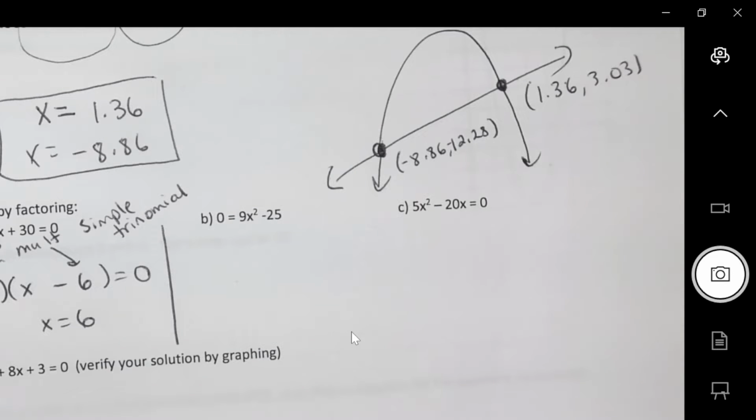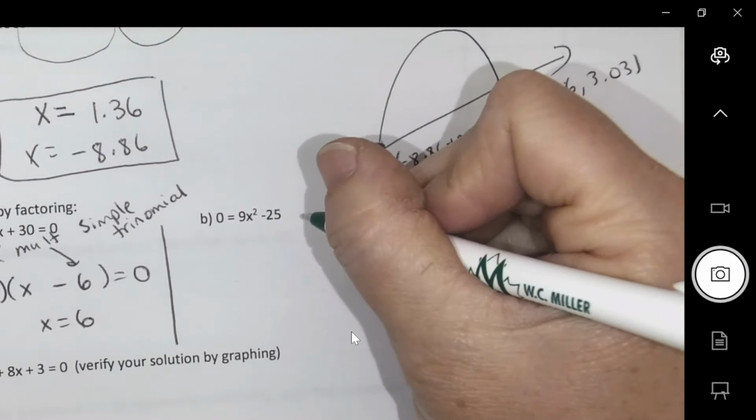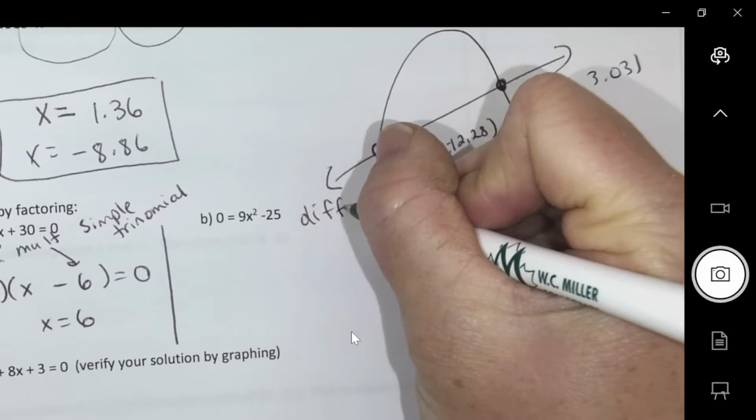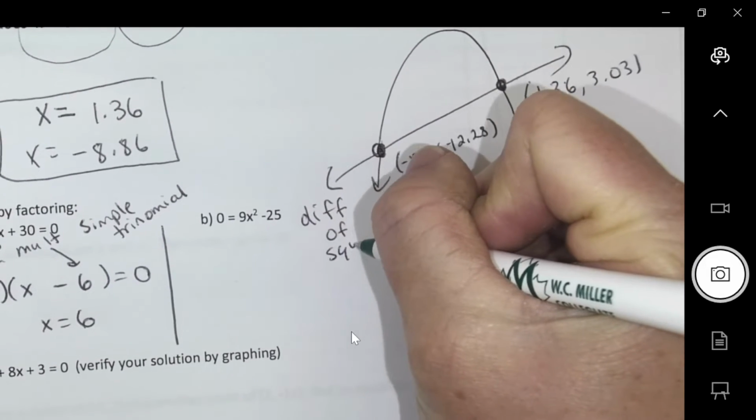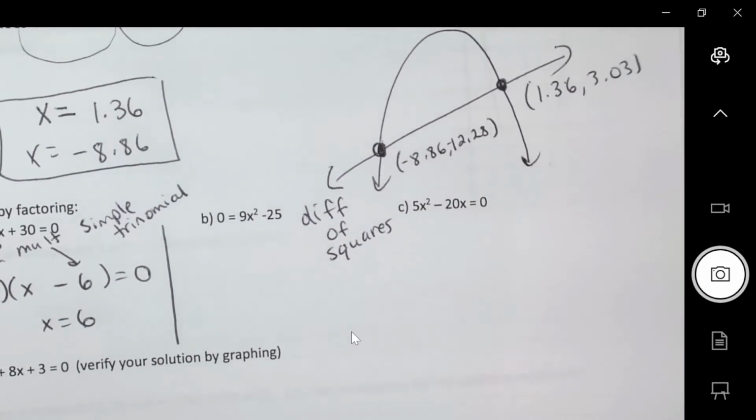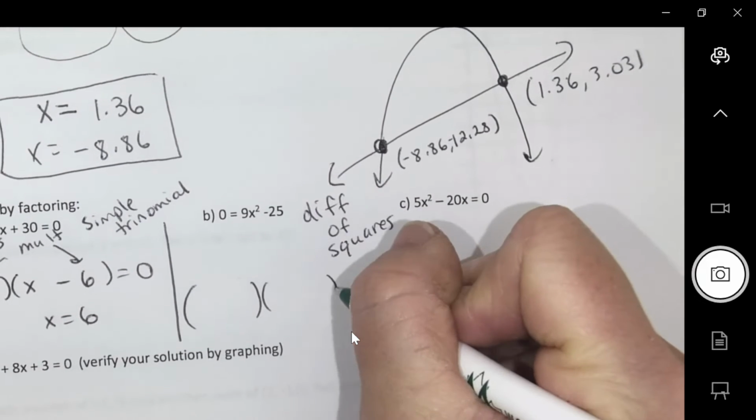Okay, second one. This one is called a difference of squares. You want one of each example on your cheat sheet probably, so that's why I picked these. Difference of squares, so 2 brackets.